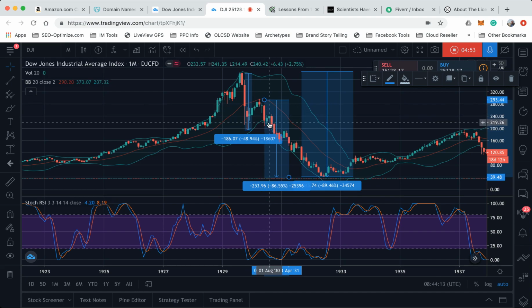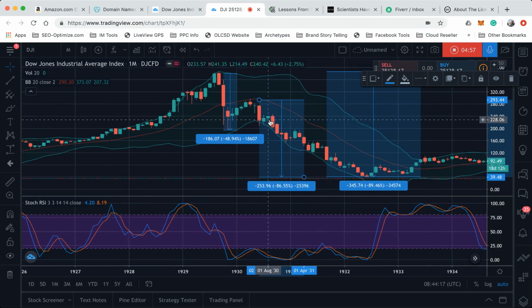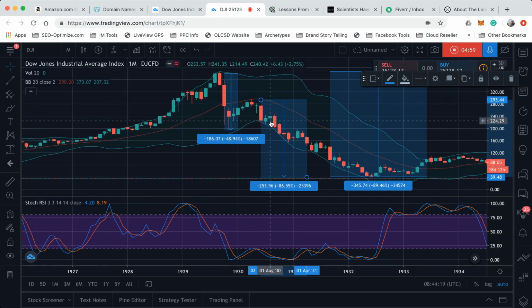Right here we have a hammer. I'll try to zoom in a little bit. What happens in the hammer is the market opened here at the start of the month, pushed up, and then came back down a little bit, but it ended up closing right up top there.